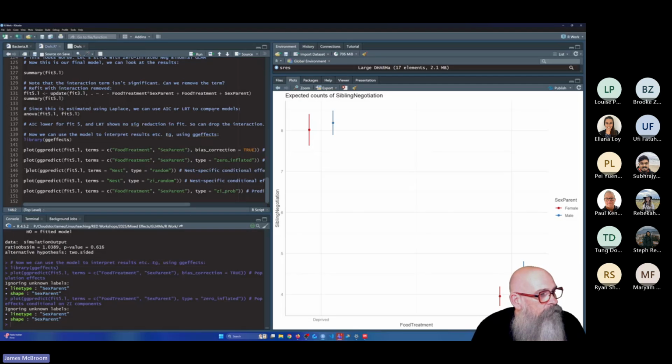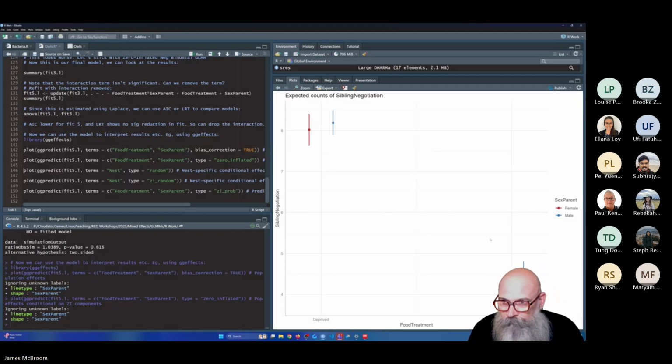When you do that, it all looks even more interesting. And maybe at this point, you could consider putting a gender of parent and food treatment interaction in there if you wanted to, just to see.